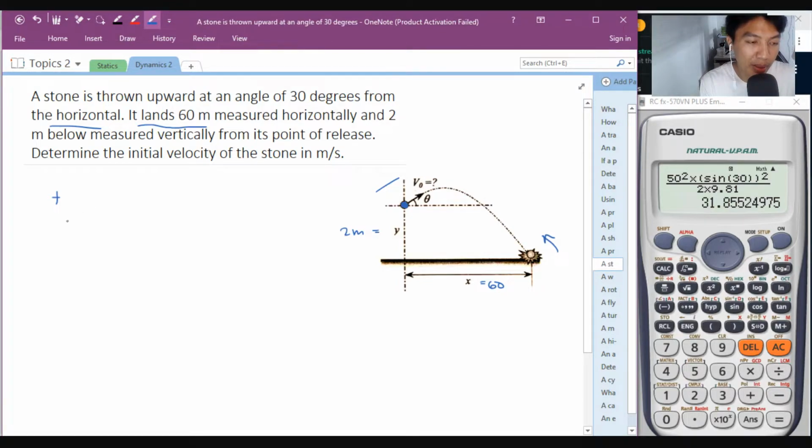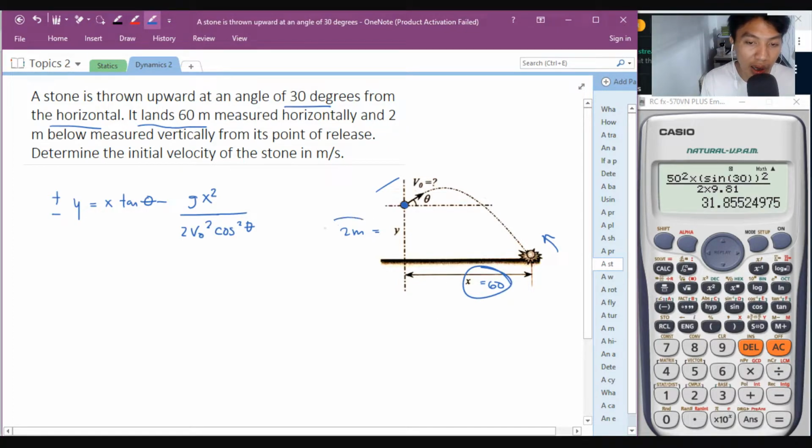So the formula is y equal to x tangent theta minus g x squared over 2 V0 squared cosine squared theta. Are we given an angle? Yes, 30 degrees. And we are given the range x and the height displacement as 2 meters below, so negative.